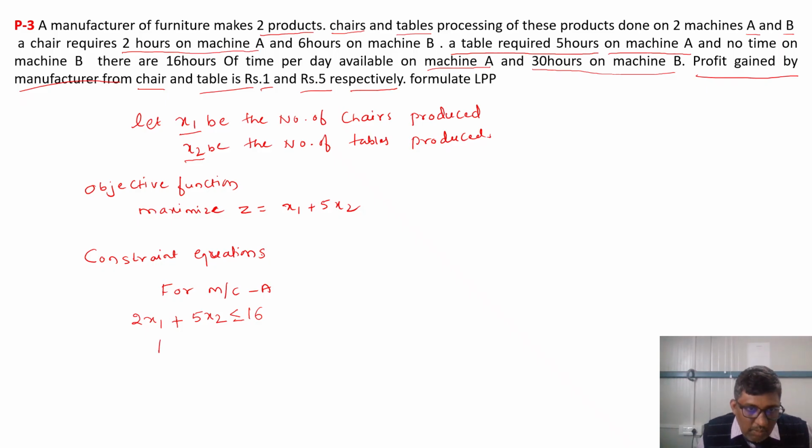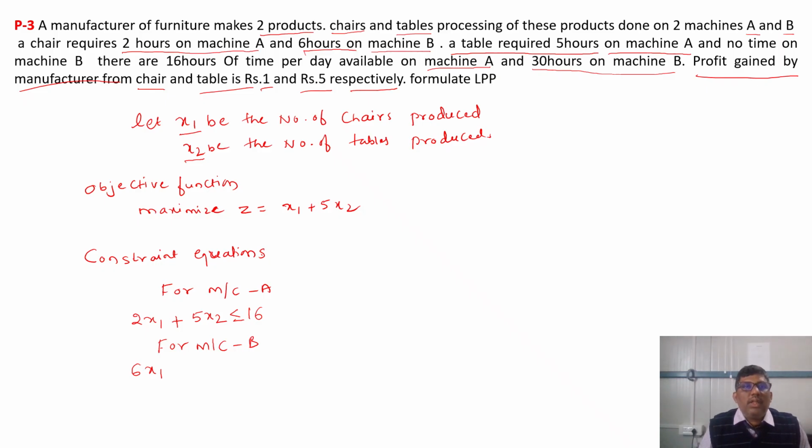Now for machine B, there is another limitation. A chair requires 6 hours on machine B, so the chair he produces on machine B becomes 6x1.